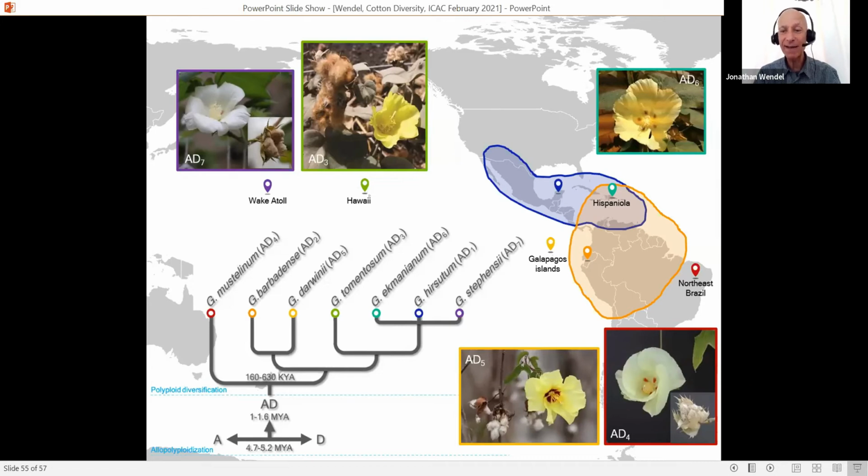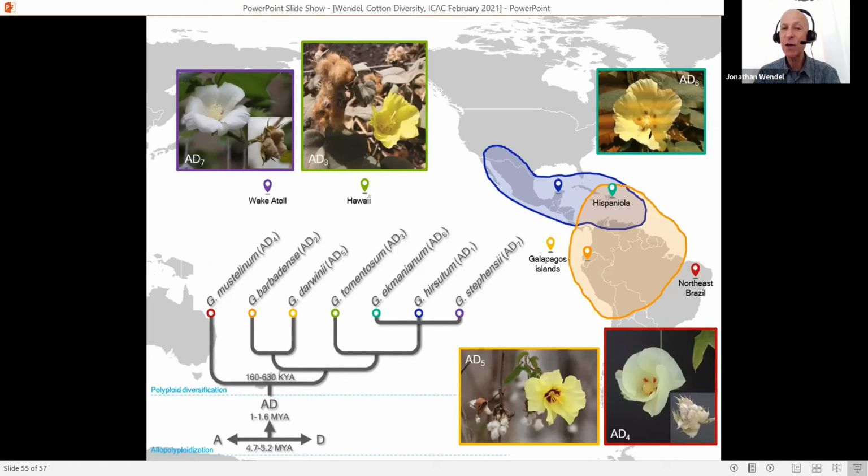And despite that, they could hybridize. They could double their chromosomes. They gave rise to an entire clade of allopolyploid cottons, which then evolved into the now 7 species that I show there with names, from Gossypium mustelinum on the left, AD4, all the way to the newest one, Gossypium stevensii on the right, AD7.